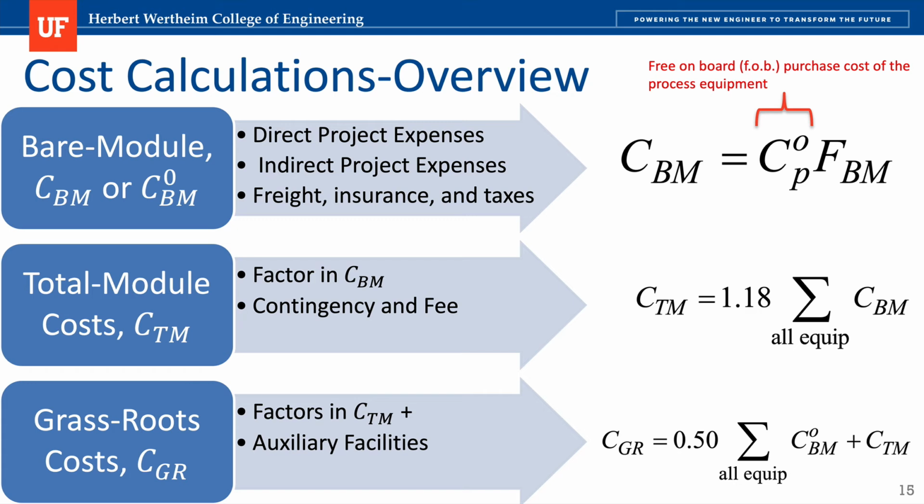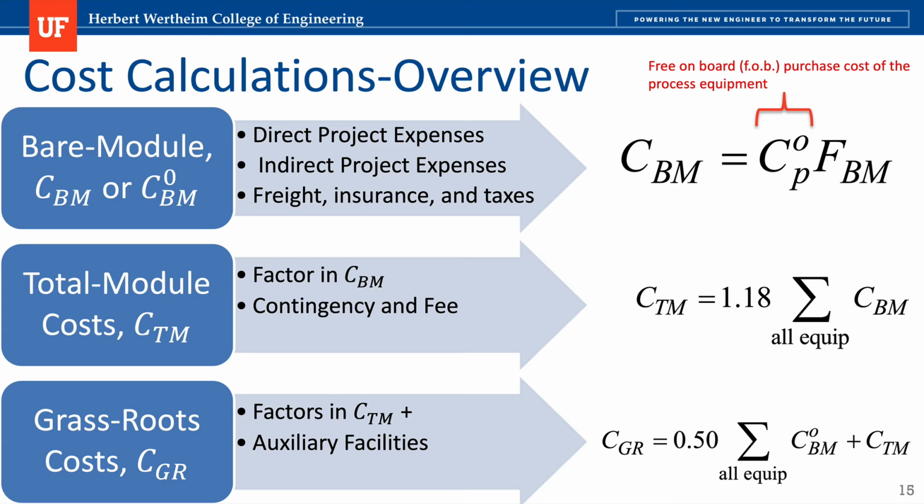Notice that the bare module cost can be calculated basically as a factor of the purchase cost of the process equipment. So if we know the purchase cost, then we can calculate the factor, what we're going to call now the bare module factor, and that bare module factor will depend on the type of equipment, as I mentioned before.